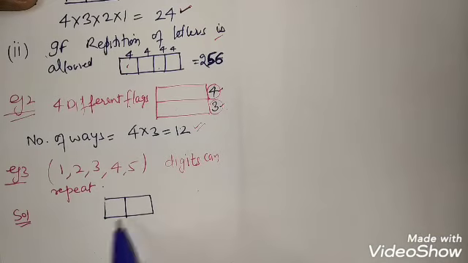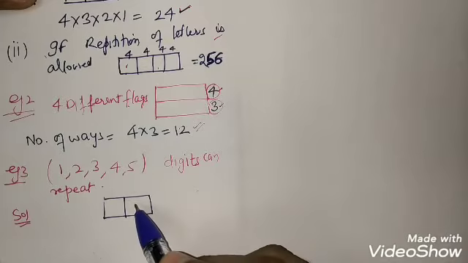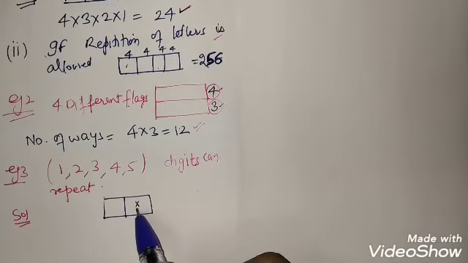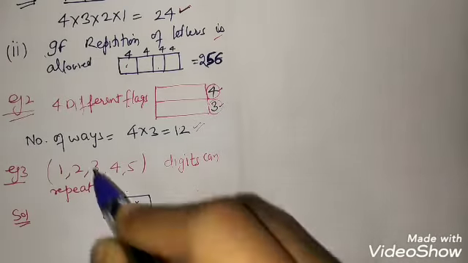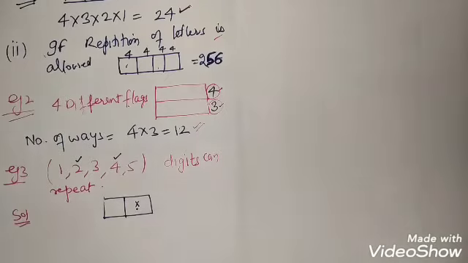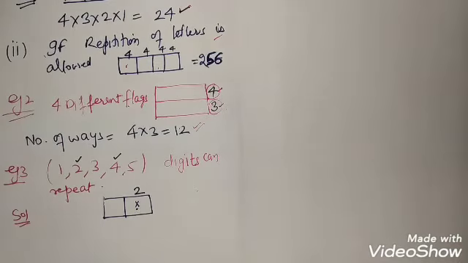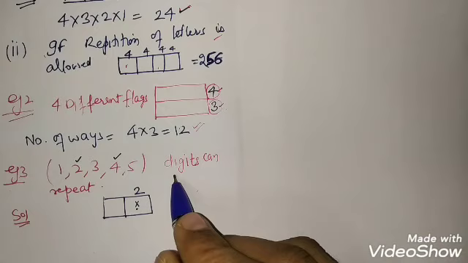Make a small box. What is an even number? If the unit place of a particular number is even, this is the unit place, this is the tens place, as you know from your previous classes. If the unit place of any number is even, how many even digits are there? We are having 2 choices for this. Now we are given the digits can repeat.